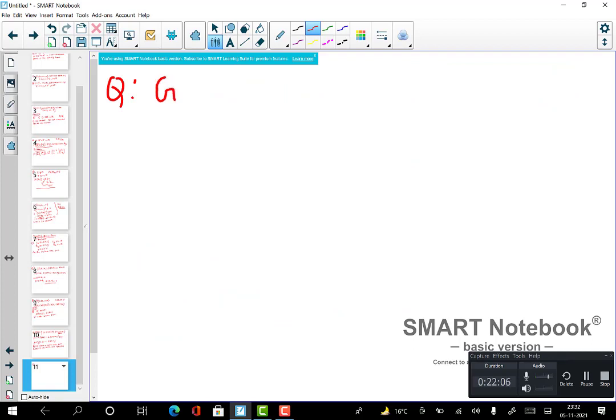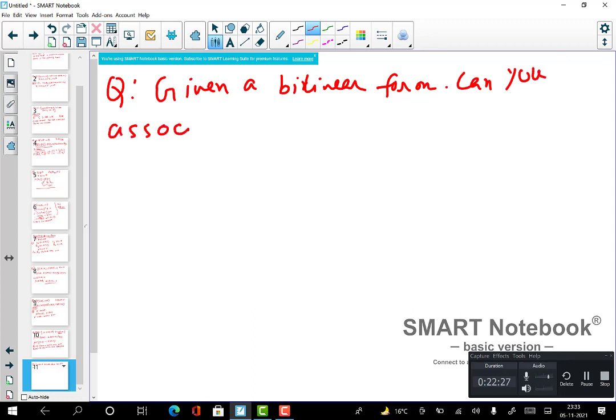Given a bilinear form, can you associate a matrix to it?